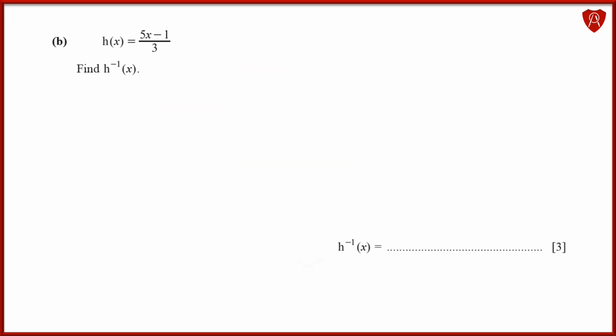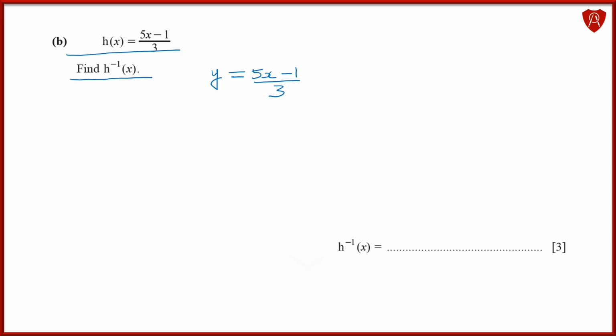Part B. Still on functions. Given h of x is equal to 5x minus 1 all over 3, find the inverse of the function h of x. First step, replace h of x with y and write the expression instead as y equals 5x minus 1 over 3.